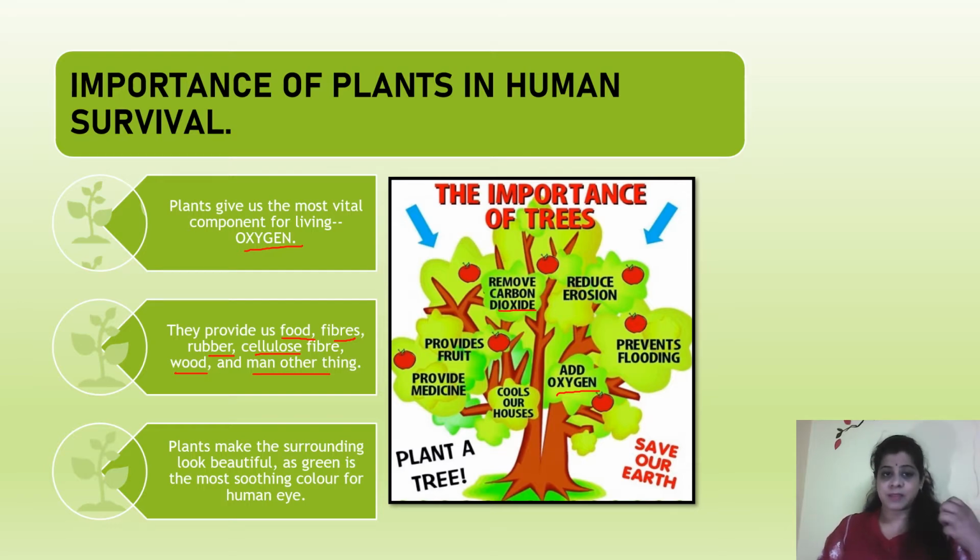That is why plants are important in our environment, because they make our surroundings beautiful. They do not do it for themselves, rather our eyes are soothed by the green color. And that is why when we go to a place with a natural habitat, we feel relaxed. Okay.